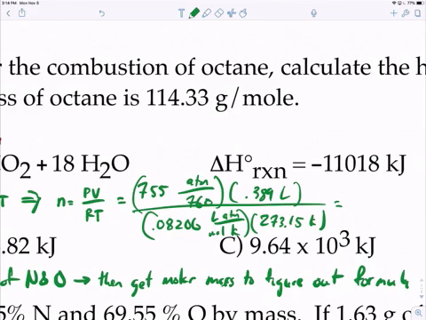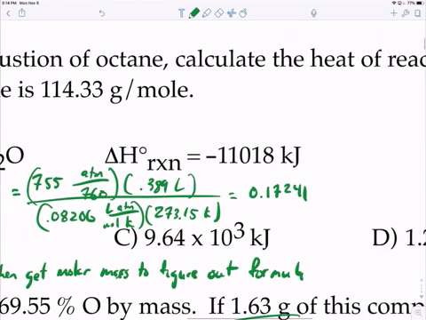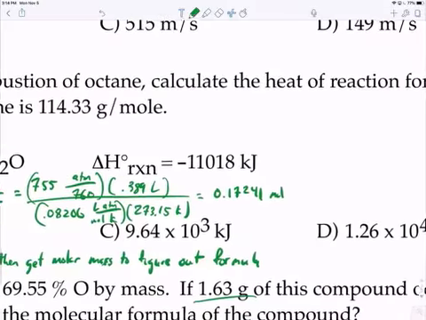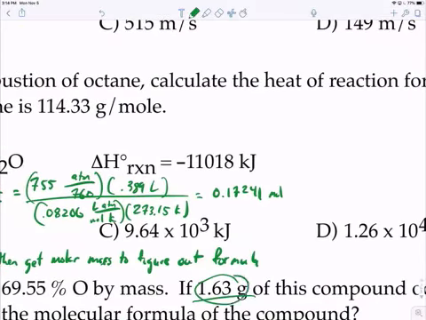This equals 0.017241 moles, and we have 1.63 grams. So 1.63 grams over 0.017241.